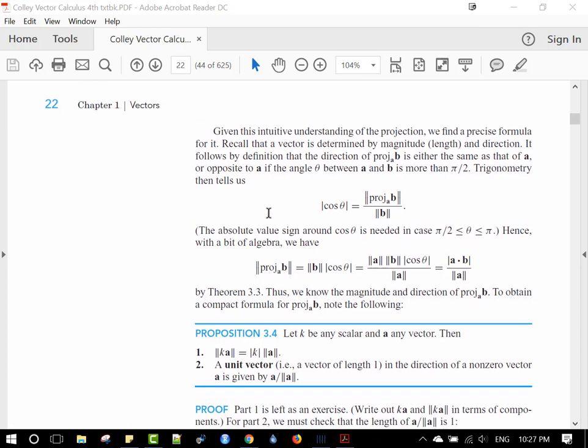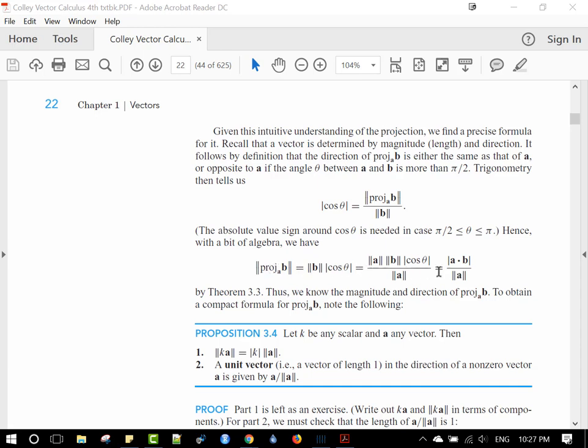This result says that the projection of B onto A is a vector, so we can take the norm, or the magnitude, of it. So we can ask, what is the length of the projection of B onto A?